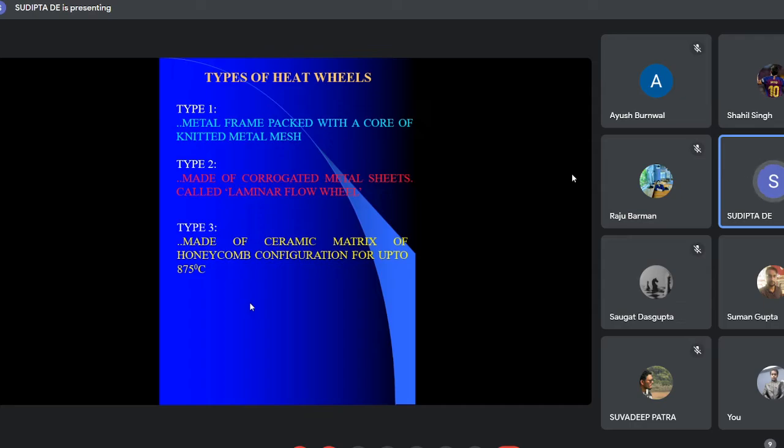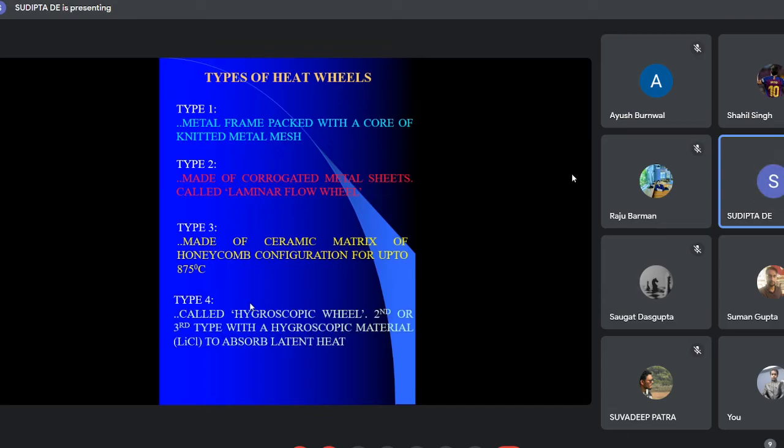And obviously, this will be used for significant amount of waste heat recovery. In any case, this is better than the other two, but cost is higher. Now comes the type 4. The type 4 they mentioned is called hygroscopic wheel.